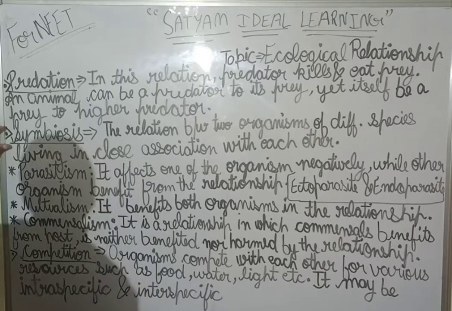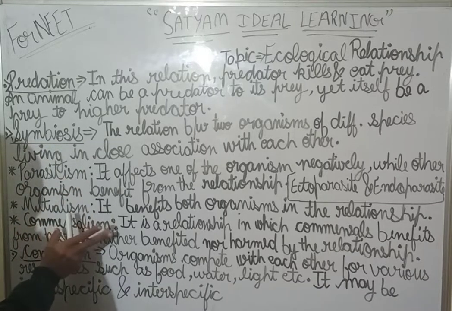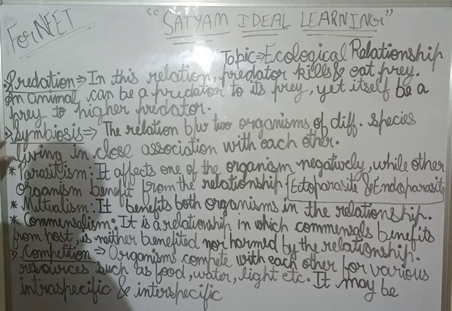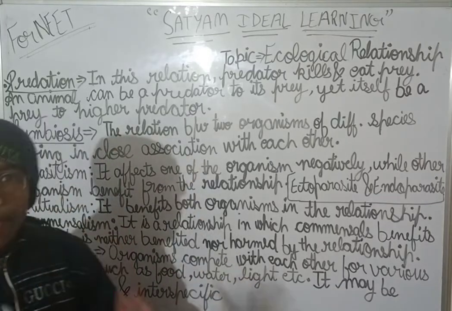In the symbiosis part, it has been further divided into three parts: parasitism, mutualism, and commensalism. Don't worry, we will be discussing the examples also.